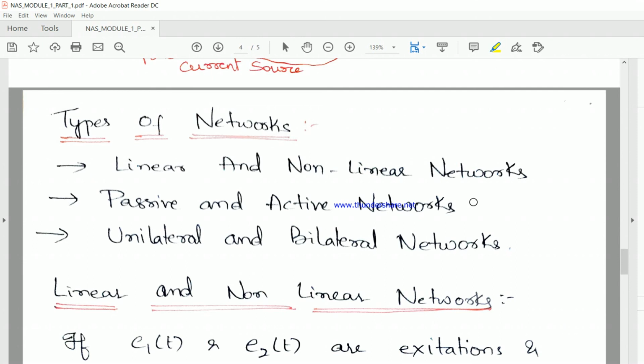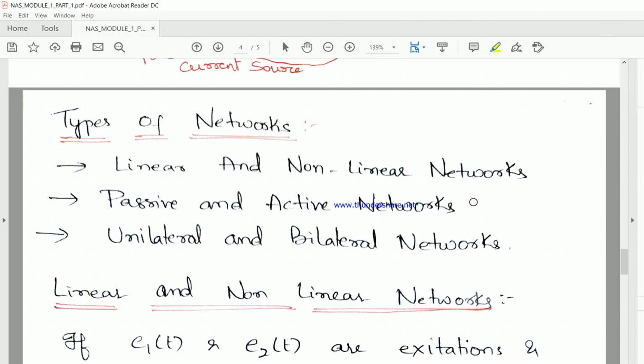You will learn about semiconductor devices in the subject called electronic devices, or in the analog electronic circuits subject. So I will not be covering non-linear networks or active networks in this particular theory, because our concept here is to learn different techniques that are used to solve an electrical network. That is what this subject is related to.